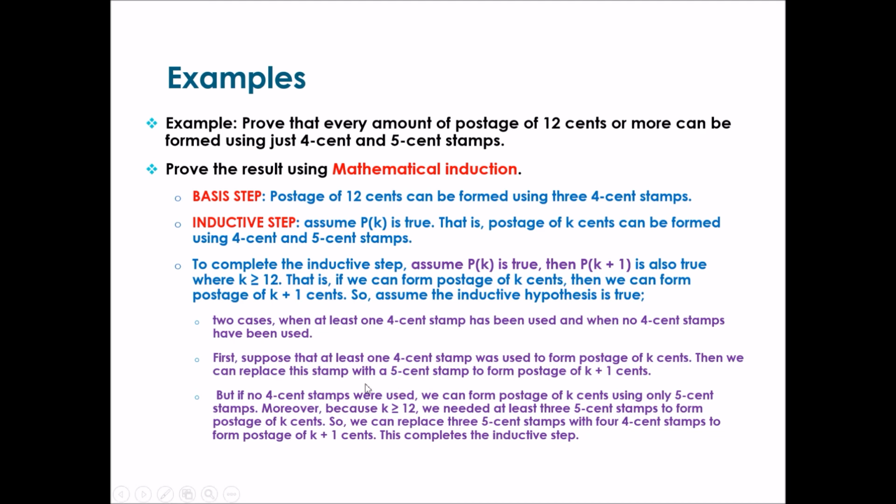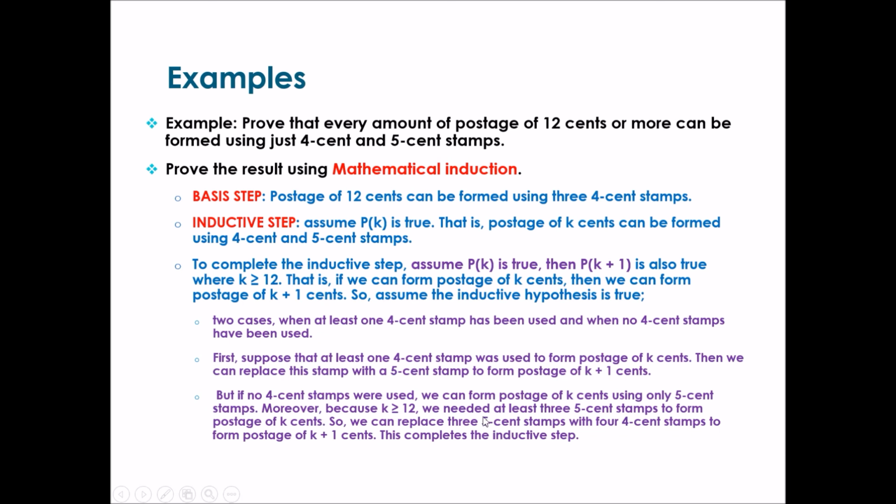But our condition is that k is greater than or equal to 12. So the least value of k which is a multiple of 5 can be 15, right? So we need at least three 5-cent stamps to form postage of k cents. So it can be 15, it can be 20. So 15 is there in the amount, whatever k is. Okay.